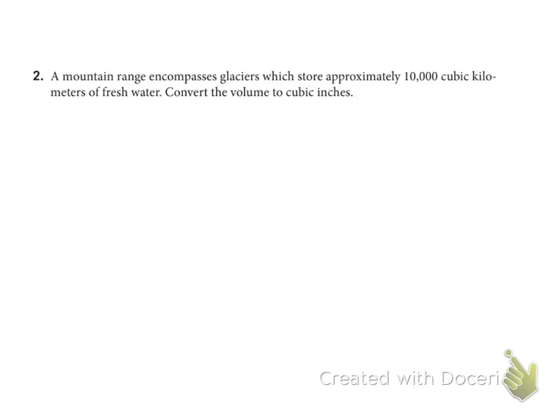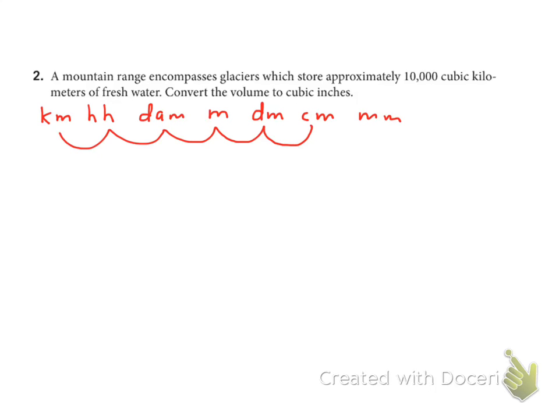So we've been using centimeters and inches, so we're going to have to convert the kilometers to centimeters first. So kilometers to centimeters will be 1, 2, 3, 4, 5 places to the right.